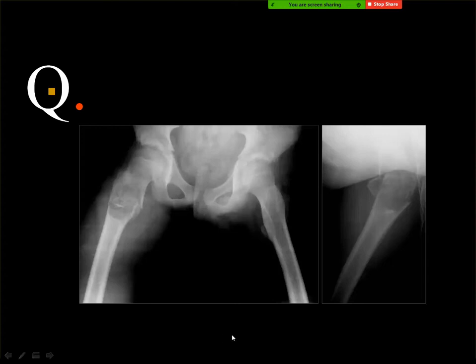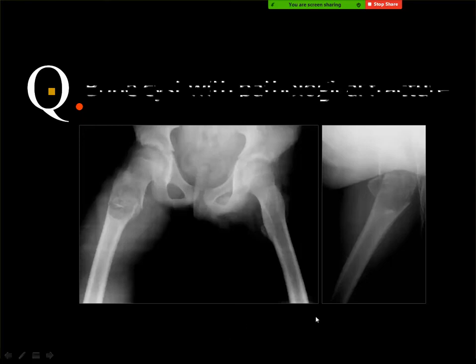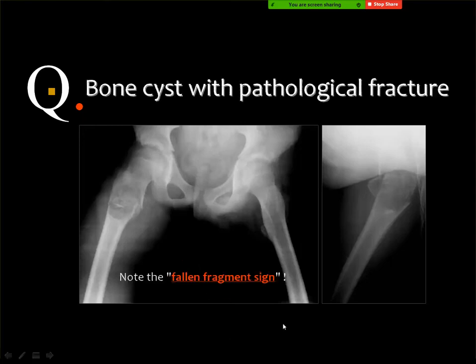Simple ones with ankle fracture. Yes, pathological fracture. And this is simple bone cyst with pathological fracture. And you know that the proximal femur and the proximal humerus are the most common sites for simple bone cyst. If you see a benign looking cystic lesion in these two particular locations, you should think first of simple bone cyst.